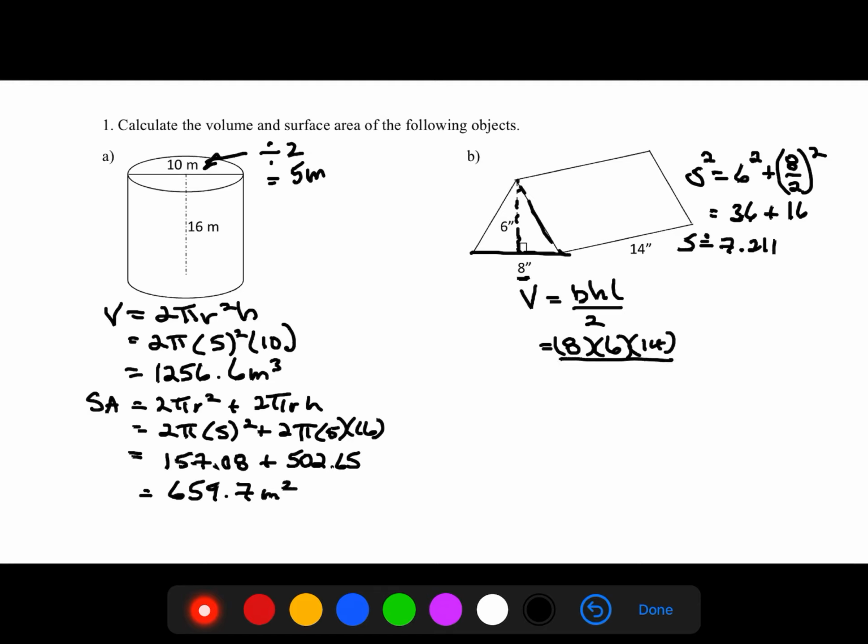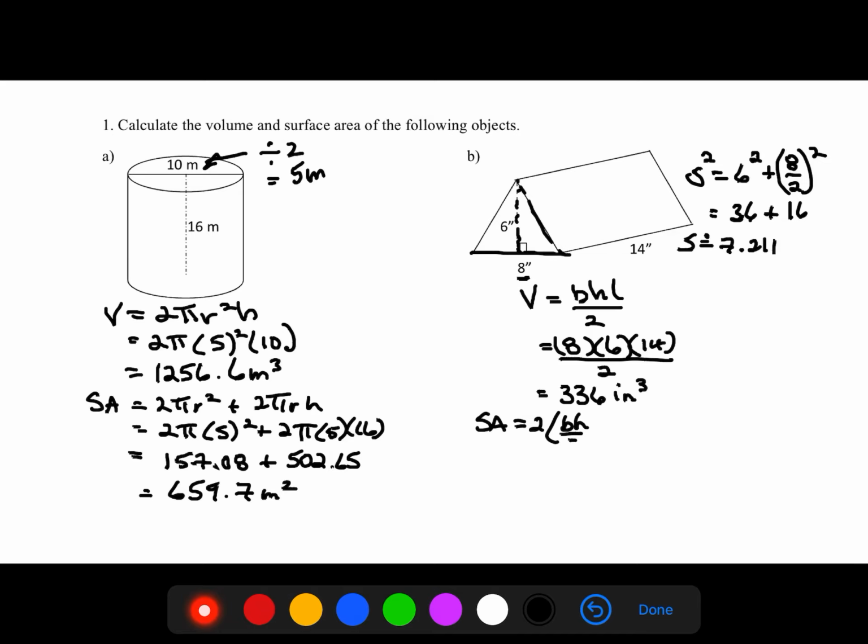So our base is 8. The height of our triangle is 6. And the length of our object is 14. When we sub that into the calculator, we get 336 cubic inches.